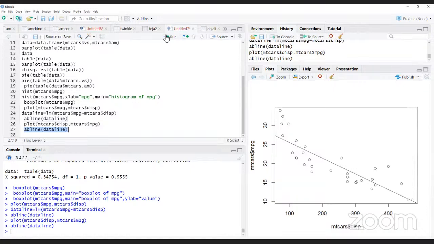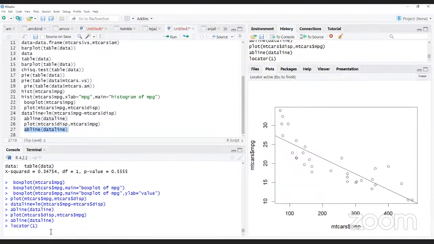For example, you go to the console, there you write down locator, bracket 1, enter. Now you click the variable that is very close to, just on, the best fit line.